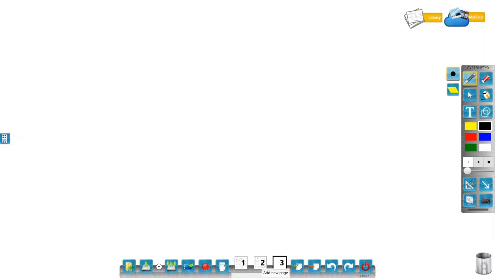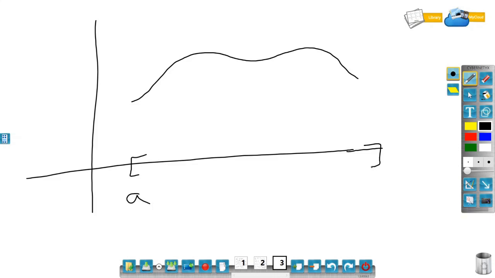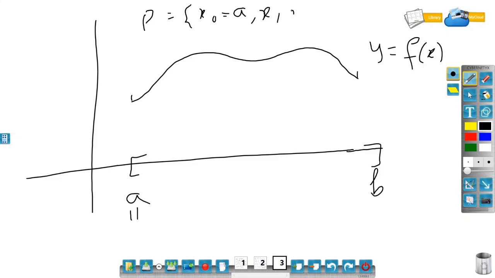Okay, so suppose I have a well defined, bounded function defined on the closed interval a comma b. So this is y is equal to f of x, and suppose I have a partition P equal to x0, which is equal to a, x1, x2, up to xn.